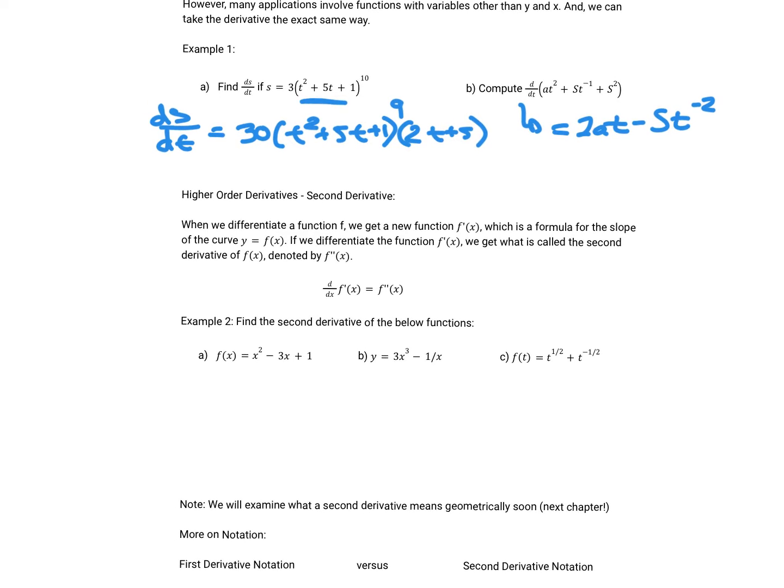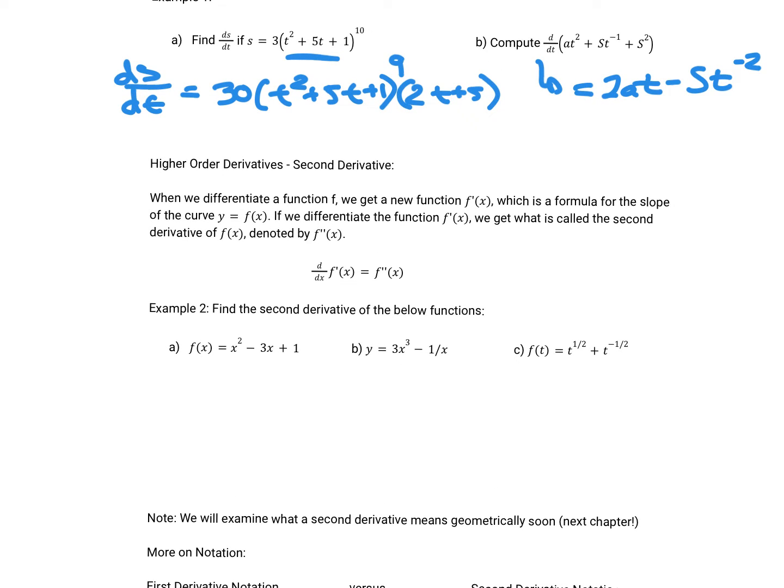All right, so let's find the second derivatives of these functions. In order to do that, you first have to find the first derivative, which makes sense. So the first derivative for this first one, using the power rule for each term, is 2x minus 3. Then when I do the second derivative, which means taking the derivative of what I just found, that's just going to be 2, because the derivative of minus 3 is just 0. All right, for b, again, the power rule.